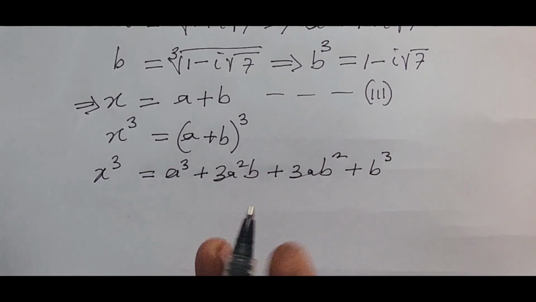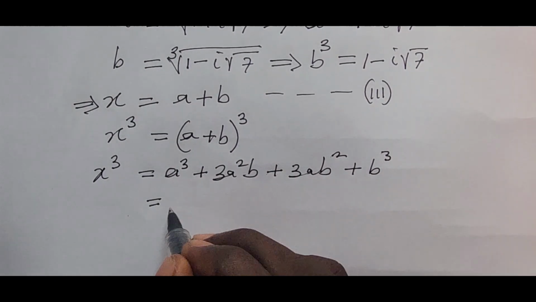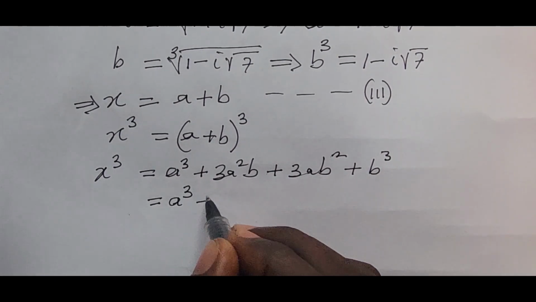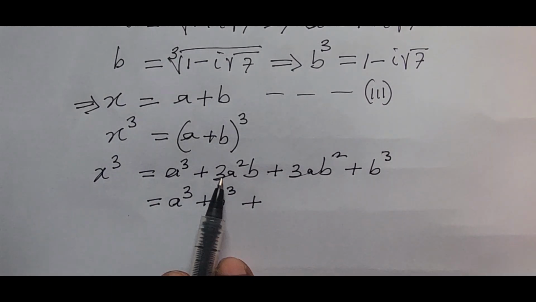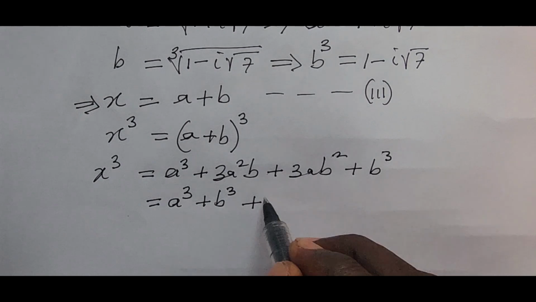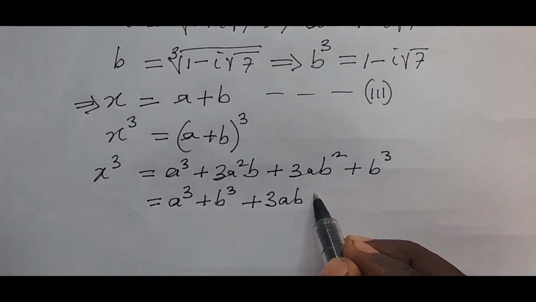Bring this and this together. This gives us A to the power of 3 plus B to the power of 3, plus we can factor 3AB from here. So here we now have 3AB bracket.